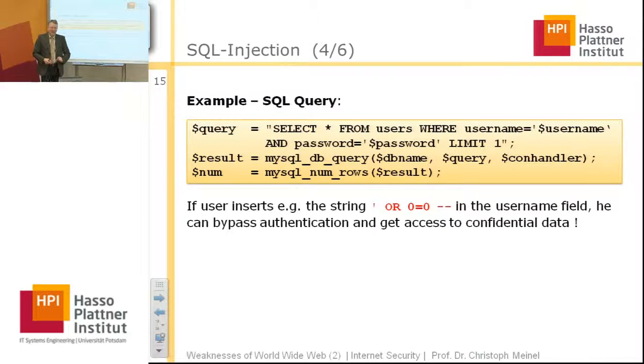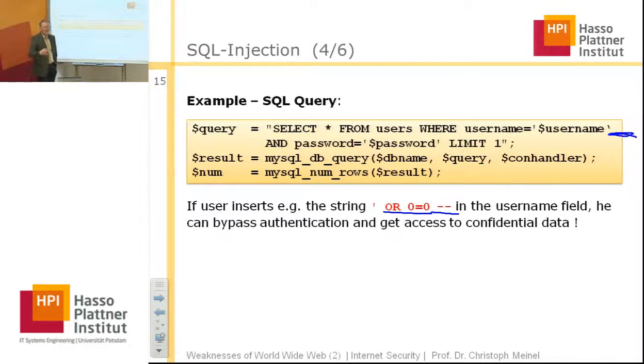What is the problem? If the user forges this input, for example, if the user inserts a string or 0 equals 0 minus minus. If the attacker inserts this in the form, behind the username, what is the result?